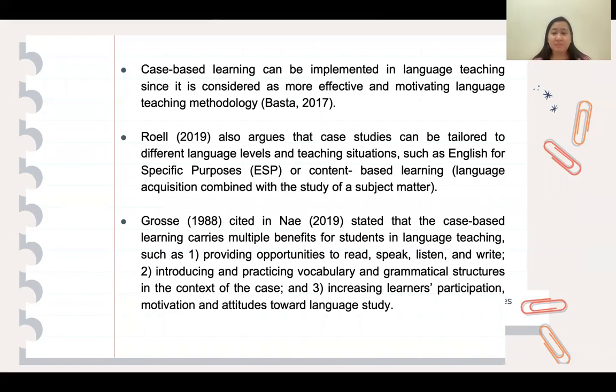After that, we will discuss the implementation of case-based learning in all levels of language teaching, especially for English as a foreign language. All information and data in this presentation are gathered by library-based research, by reading, analyzing, and getting data from written works by researchers such as articles and books.